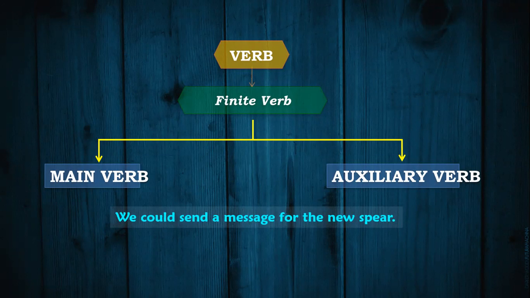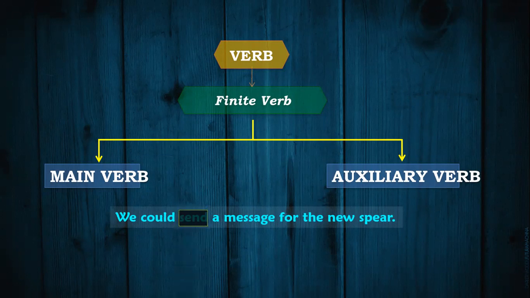Now in this particular sentence, we have two verbs. First is could and another is send. So in that manner, we have two verbs, could, send. In this case, the second one, that is the send, is always considered as the main verb.